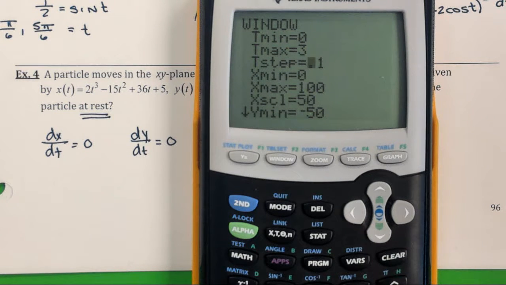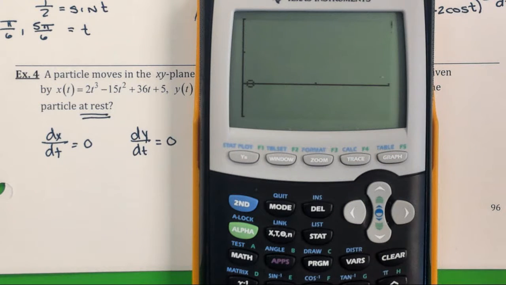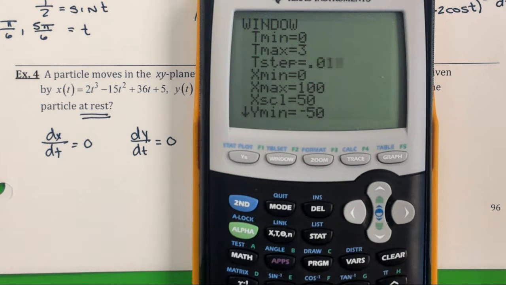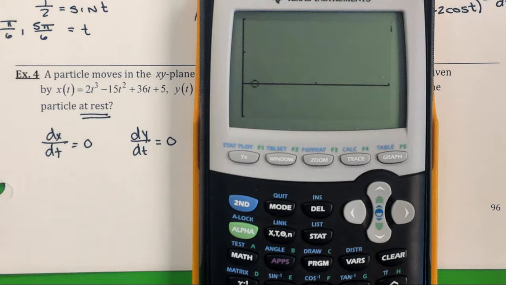Let's go to 3. This is very slow-mo. There you go. Maybe this is a little too slow too.